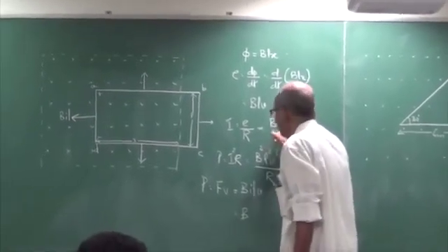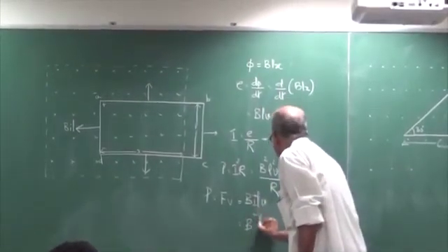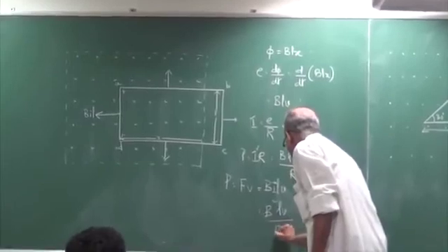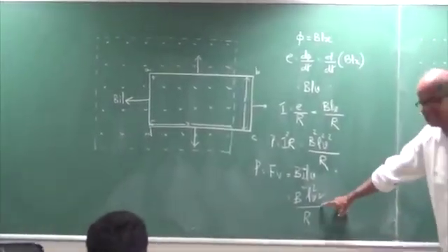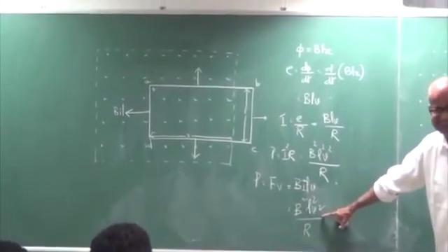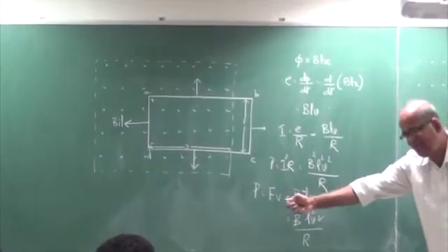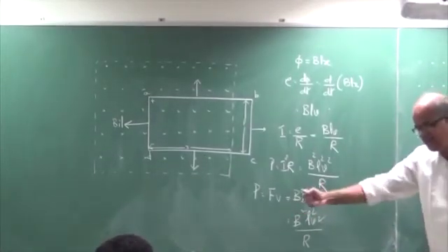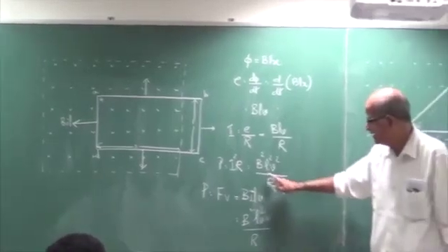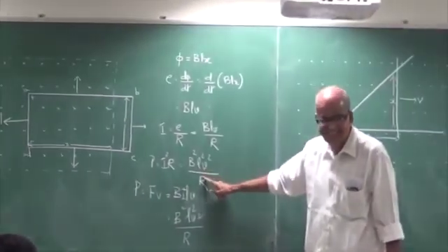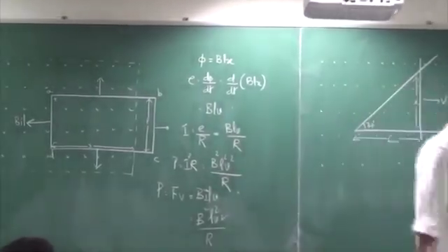I is B L V by R, into L V. You can see what power you supply from outside to pull it is appearing in the form of heat energy in the resistance of the wire.